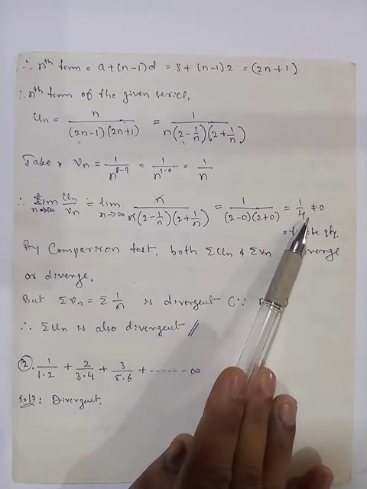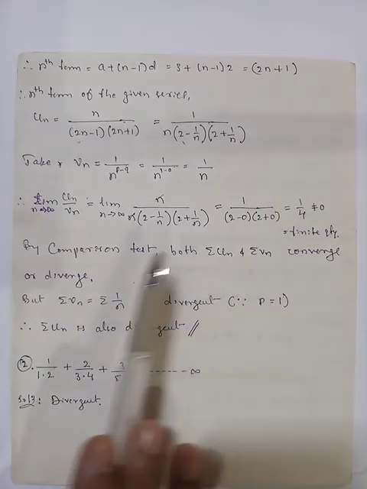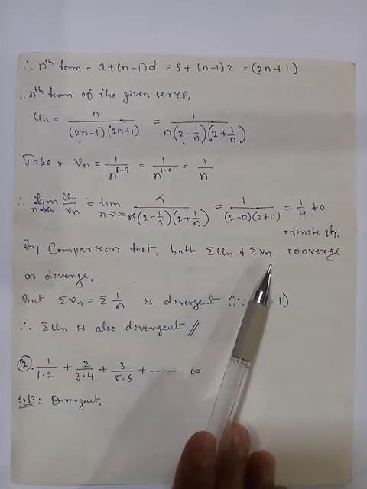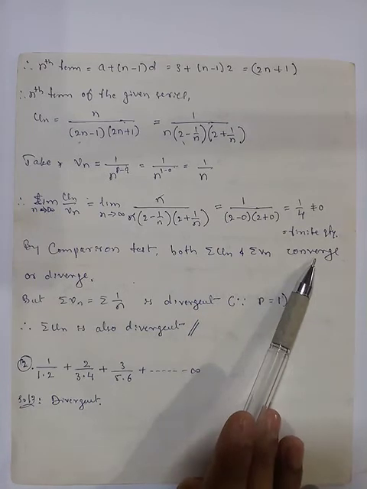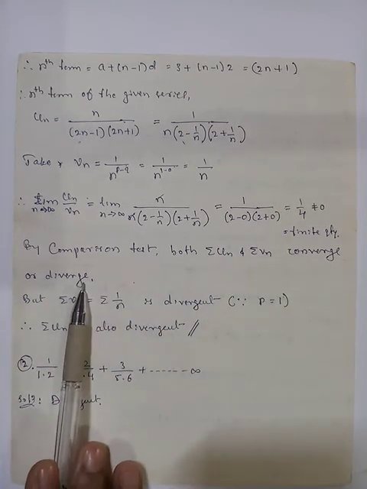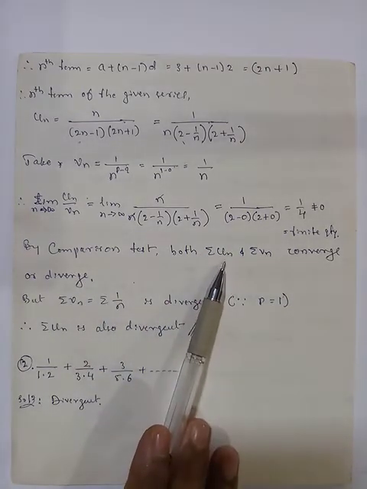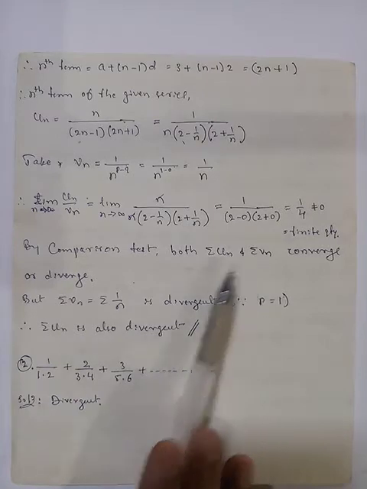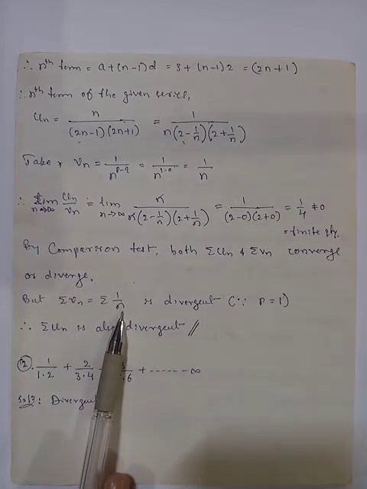When we get the non-zero value, then by comparison test we say that both summation un and summation vn behave alike, meaning both converge or both diverge. Then how do we say that summation un converges or diverges? Depending on the nature of summation vn. Summation vn is what? 1 by n.